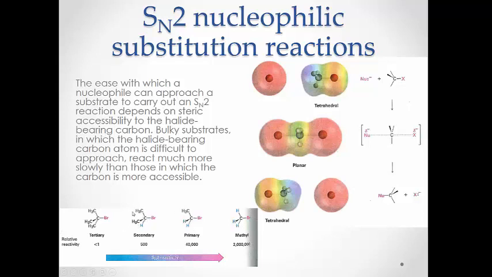So if this is like a ring structure, that might not be too bad because it would be in the planar conformation, but if these were quite like CF3 groups coming off there that were quite large and took up a lot of space, then they'll be less likely to react. So it's about looking at the reaction and thinking about what factors would influence it to go in the forward direction and which factors will hinder it from going in the forward direction. And it's a prediction to work out whether or not that reaction will proceed or not.